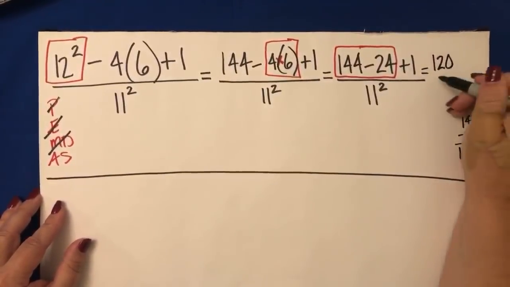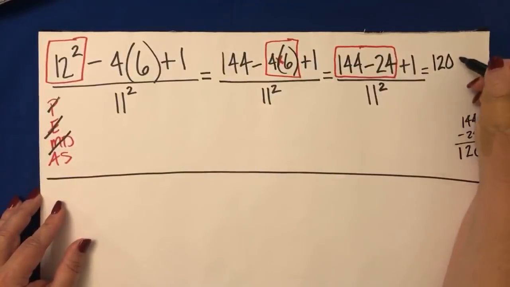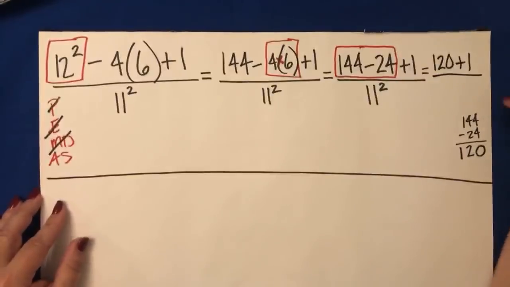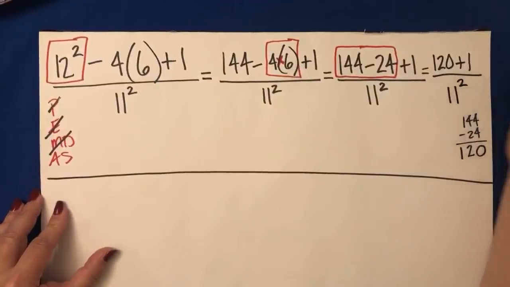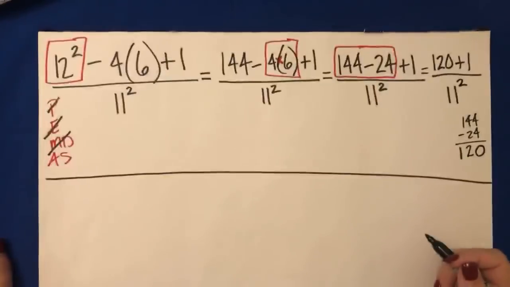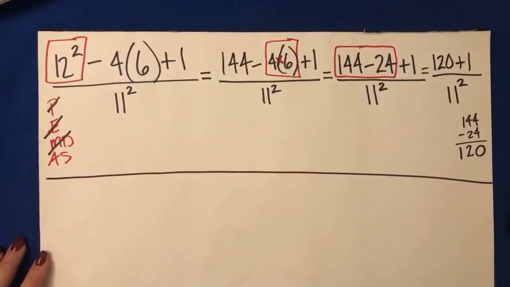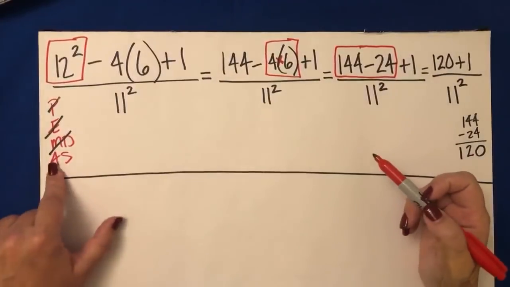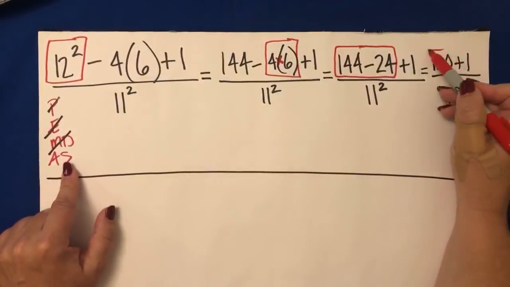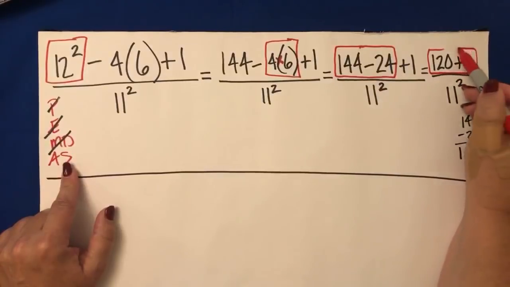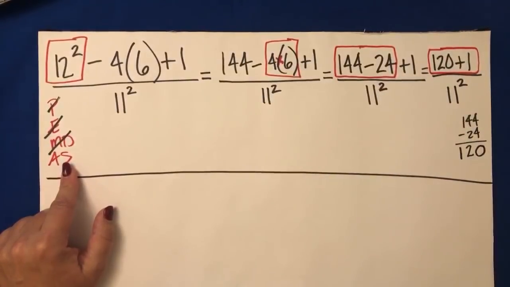Now maybe you went ahead to the next step already. That could be how we were getting the 121. But when we use PEMDAS, we move one step at a time. That way we're absolutely sure that everything is correct, okay? So I have a feeling that's what happened. You probably pulled that together. But I'm going to be moving one step at a time, and I see another addition symbol here.